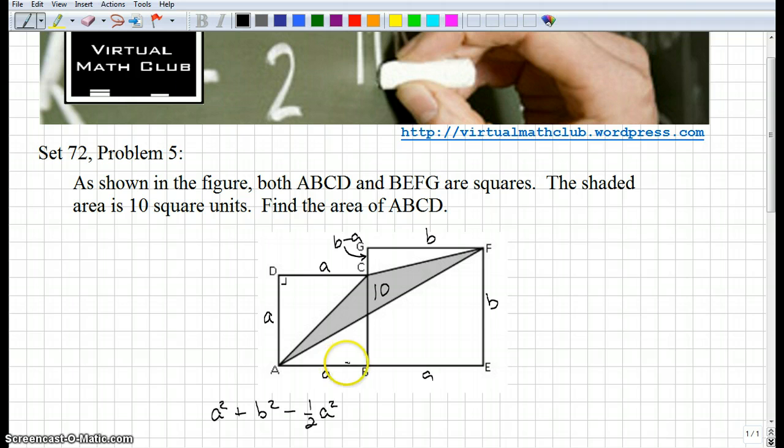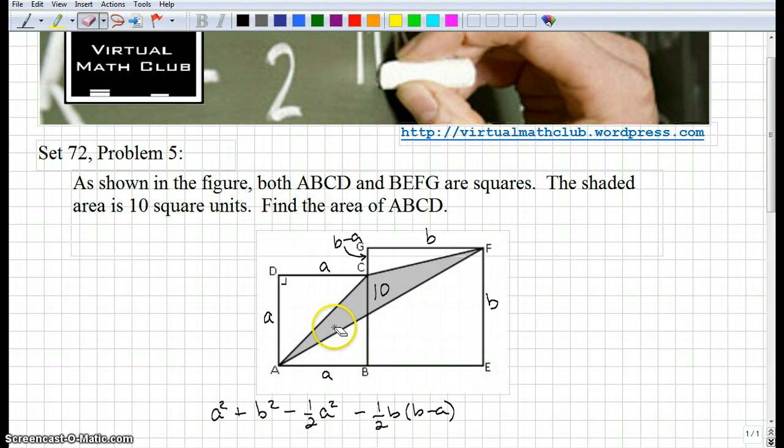And then we've got this triangle here. We could take the base to be B and the height to be B minus A. So let's subtract that: 1/2 B times B minus A. And then we could take this whole triangle here. Whoops, I think I've got something labeled wrong here, because this isn't A, is it?